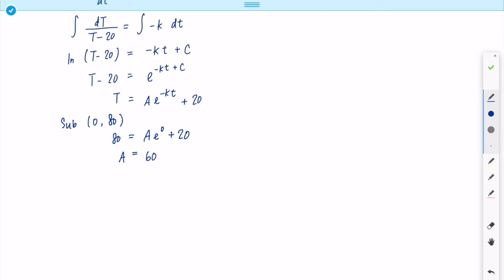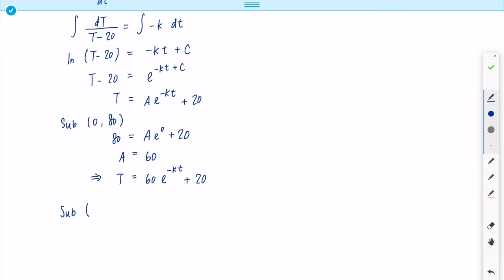And then in here, I can improve my function T as 60 e to the power of negative kt plus 20. Then I can make use of the next data point at 7:45, which is 15 minutes after, but we're doing it in hours, right?